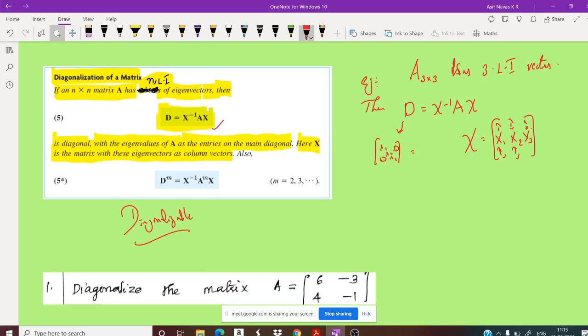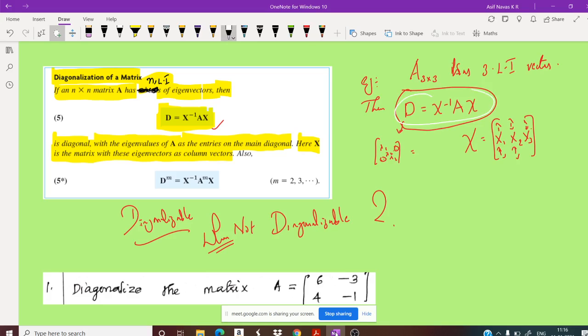So when is a matrix not diagonalizable? A is diagonalizable only if D is equal to X inverse AX, where X has the linearly independent eigenvectors of A as its columns. Anybody have any idea when A is not diagonalizable?